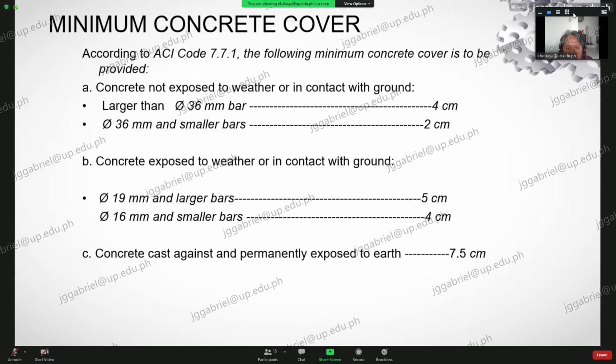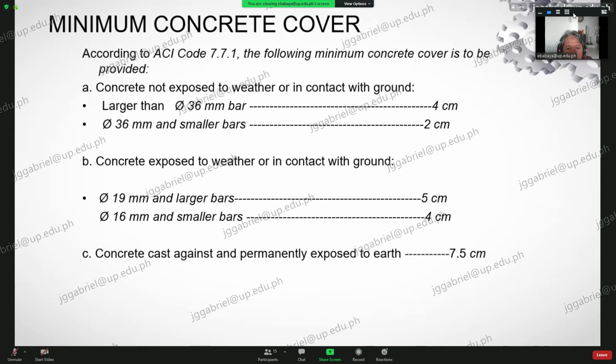This is the cover. When you say cover, you are measuring this from the top surface to the outermost surface of your reinforcement. Okay?